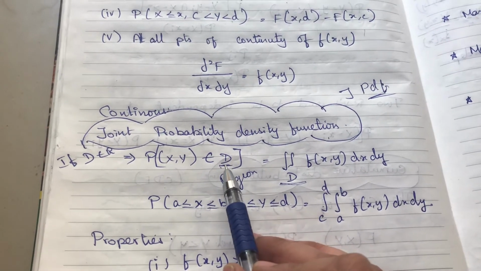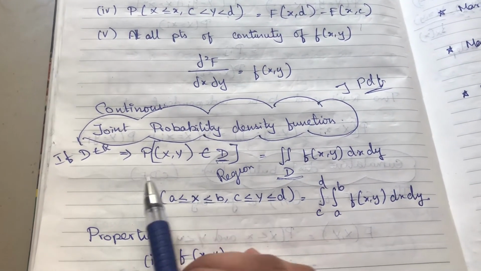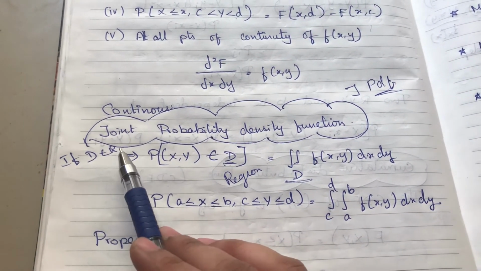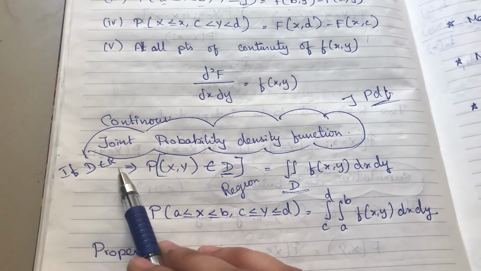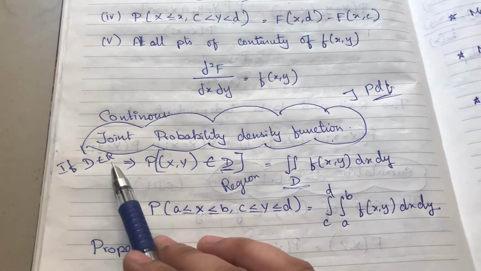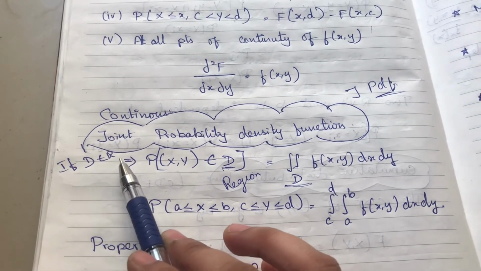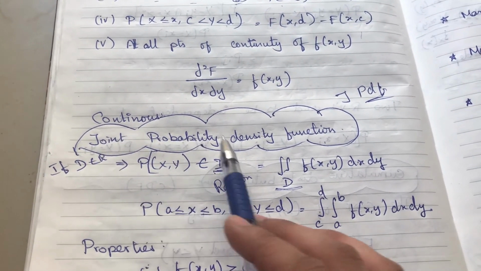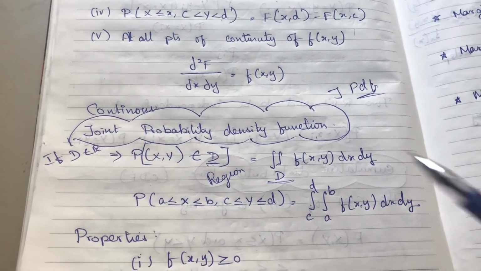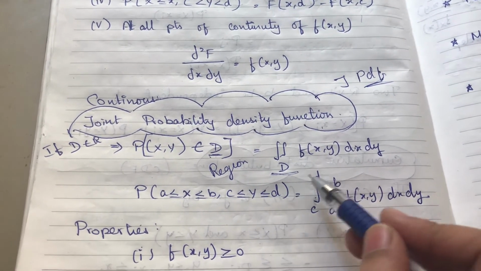They are saying D for all regions. So they are connecting, meaning there is a joint between the two variables, right? So this is called the joint probability density function. So here we will have a double integration.